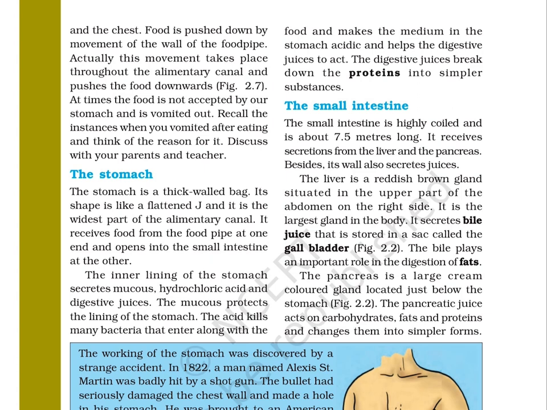Actually, this movement takes place throughout the alimentary canal and pushes the food downwards. We can observe this in figure 2.7. At times, the food is not accepted by our stomach and is vomited out. Recall the instances when you vomited after eating and think of the reason for it. Discuss with your parents and teacher.